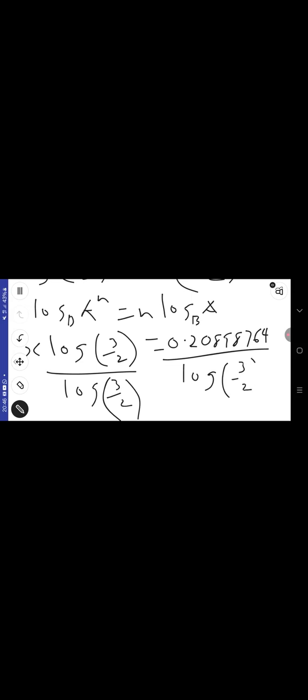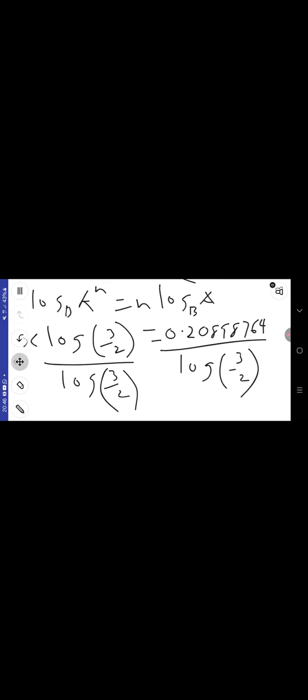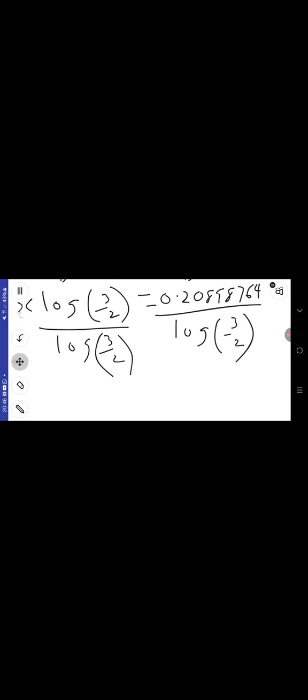Now let's proceed. Here we're going to divide this part by log 3 over 2, and here also by log 3 over 2. Now this will cancel this.